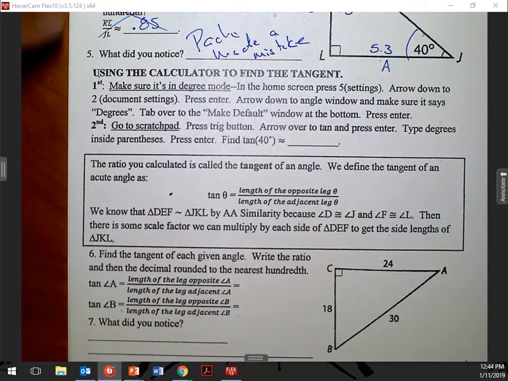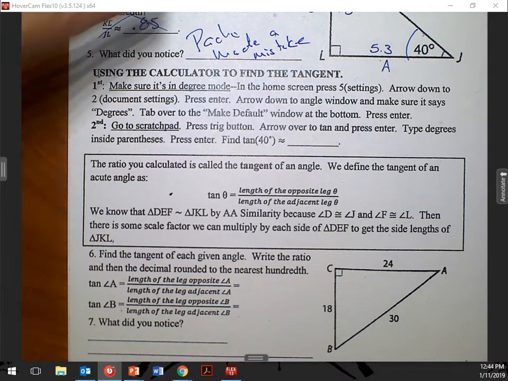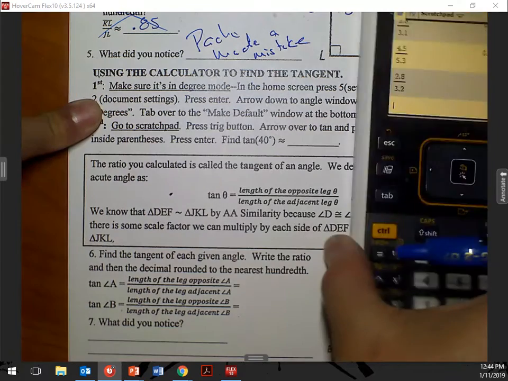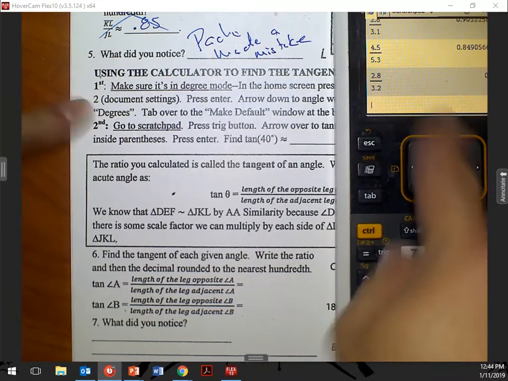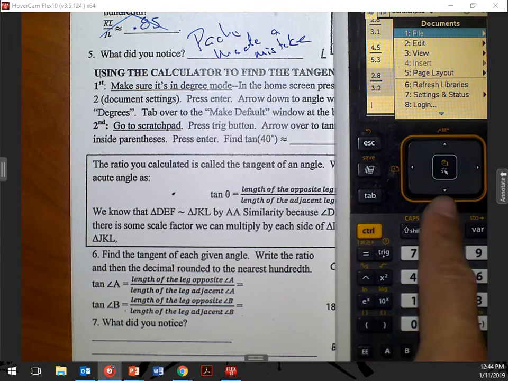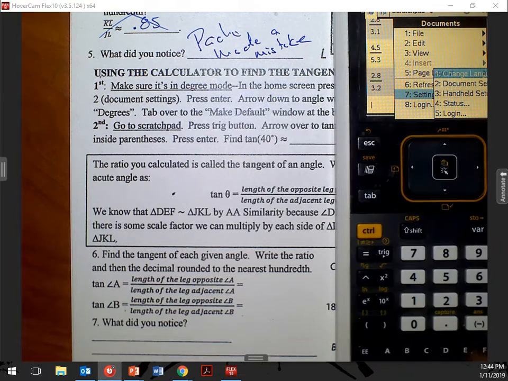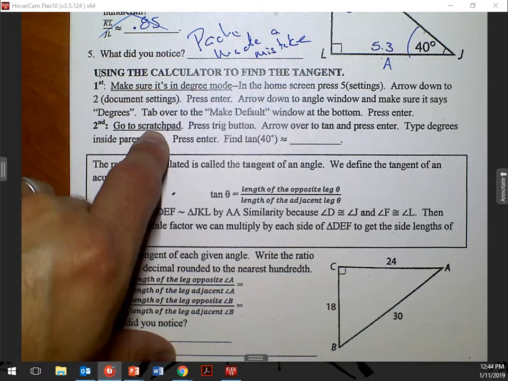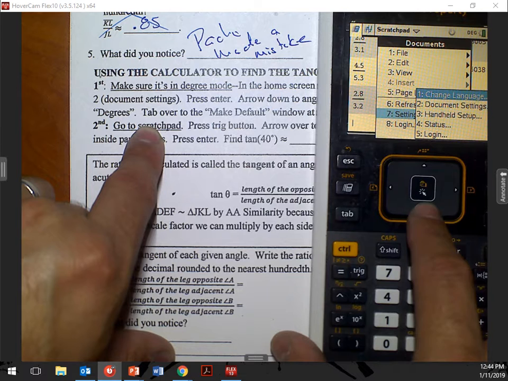Okay, document settings. Okay, so we already did this. So this is how to do this. If you don't know how to change it, go to document settings. So we're here, document settings, and document settings right here.